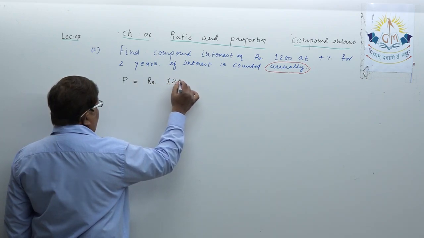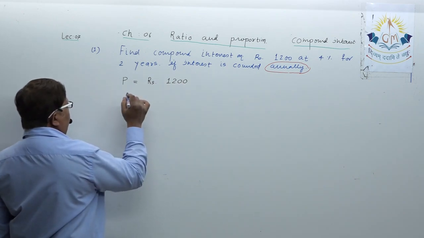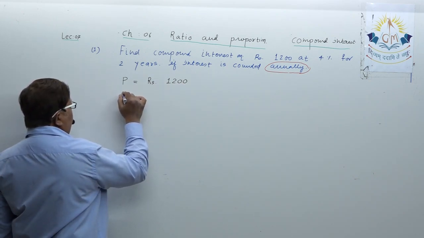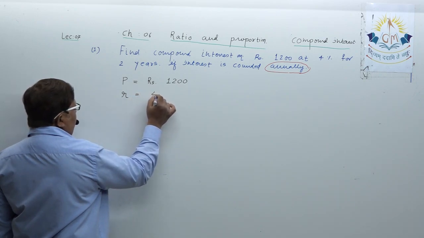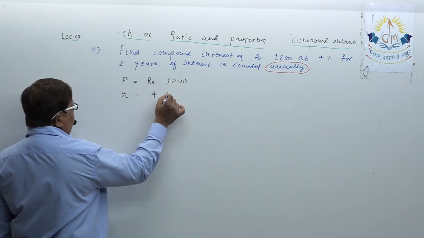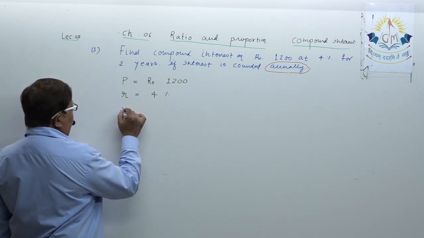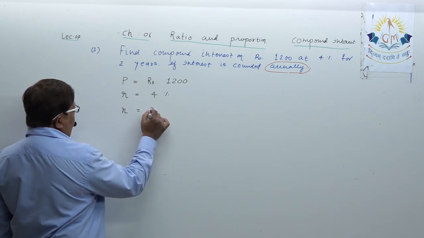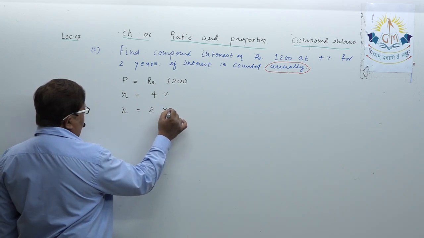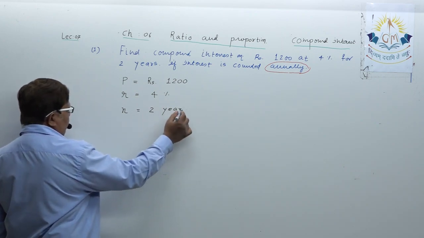That is already given. Then what is the rate of interest mentioned? 4%. What is the period on which interest is to be counted? 2 years. Okay, this is the given data.